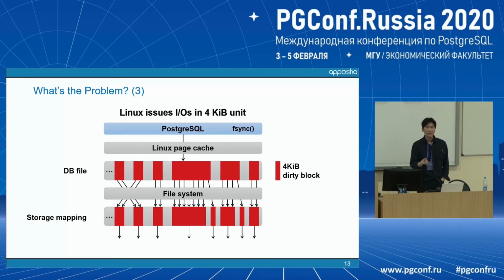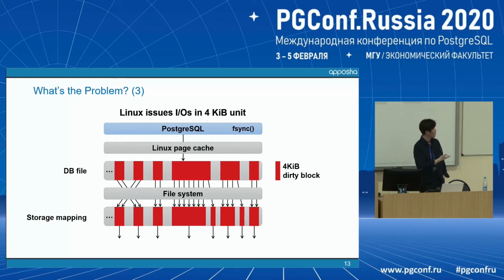So internally, Linux writes out all the dirty pages to storage, and between the page cache and storage, there is a file system which handles the block mappings. Because the basic unit in the Linux kernel is 4 kilobytes, the process or thread issues I/O in 8 kilobyte units to storage. But the block layer tries to merge adjacent blocks inside the Linux kernel.